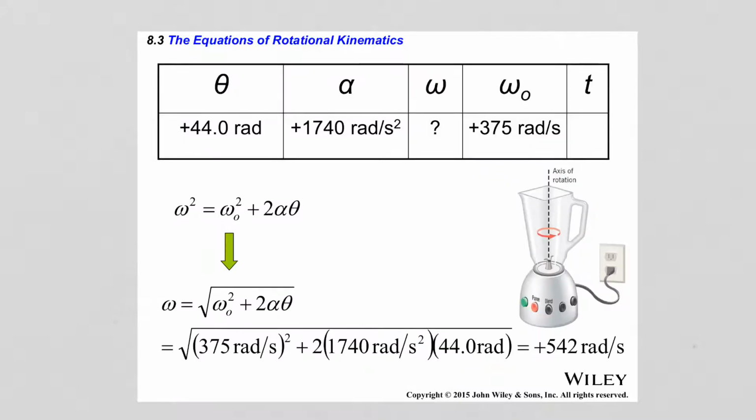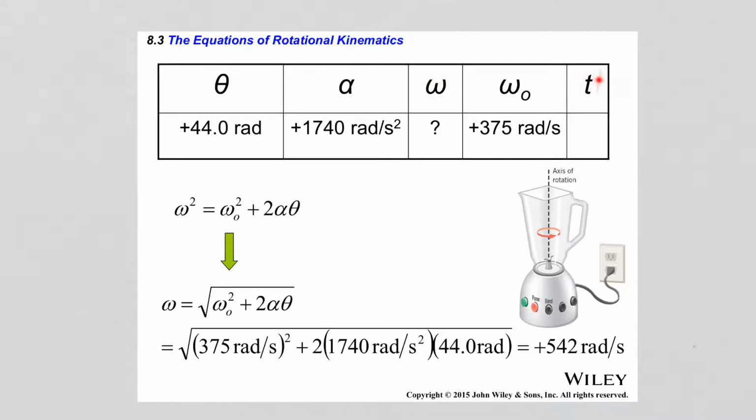So in this table here, I have indicated the 5 kinematic variables for rotational motion, and I've written down the values of the 3 that I know. So the angular displacement theta is 44 radians. The angular acceleration alpha is 1740 radians per second squared. The initial angular velocity omega 0 is 375 radians per second, and I want to find the final angular velocity.